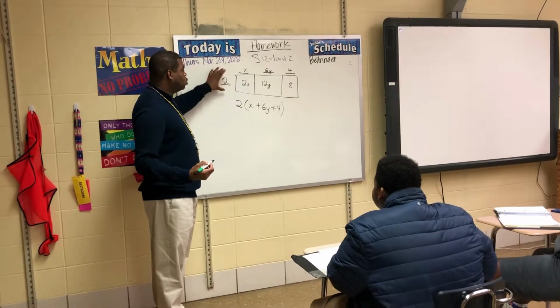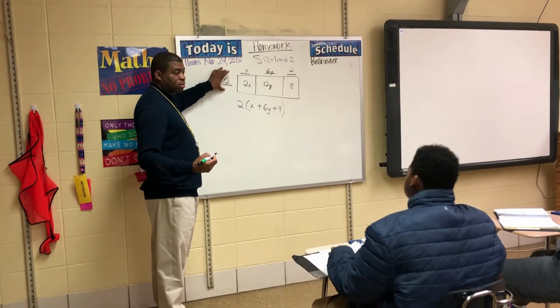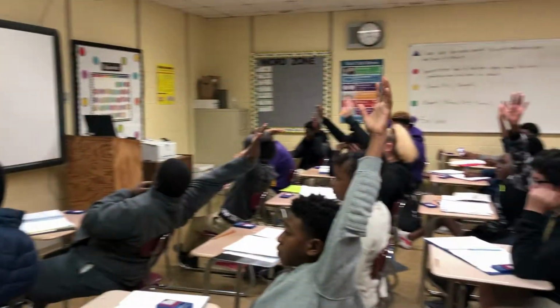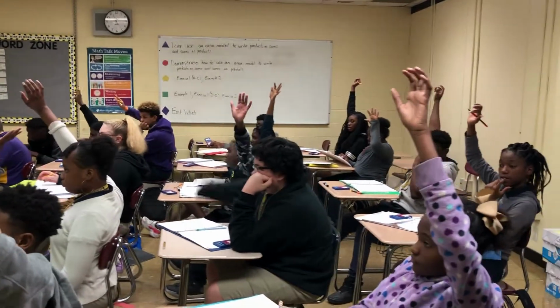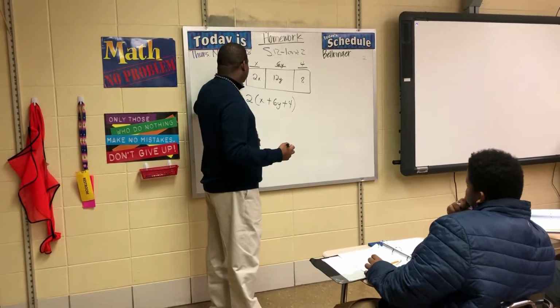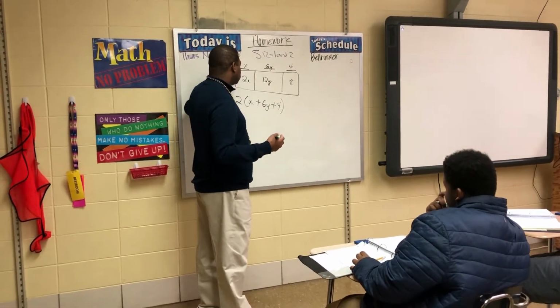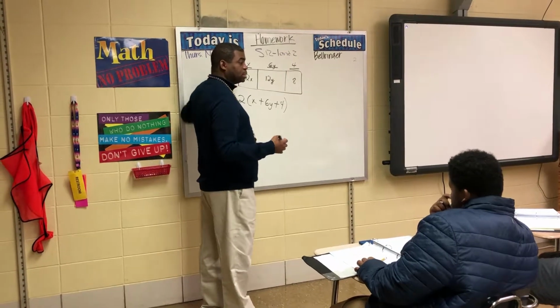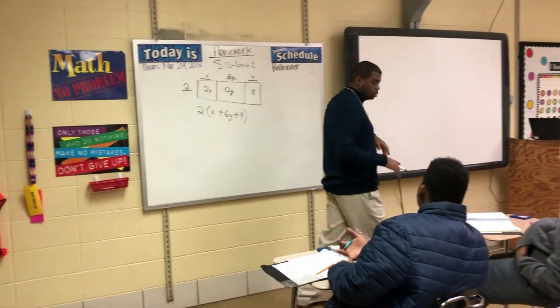By show of hands, who likes this method? So y'all like the rectangular arrays, because y'all can see them. Cool. Now y'all just have to get the correlation from this to this, so they're all alike.